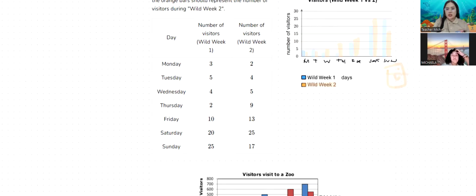Okay, so let's try now to analyze what we call the double bar graph. Again, in double bar graph, we are using this for us to analyze two ideas, or categories. So for example, we have this one. Visitors visit to zoo. So in the month of April, we have here how many people or visitors came into the zoo in month of April, adult visitor.